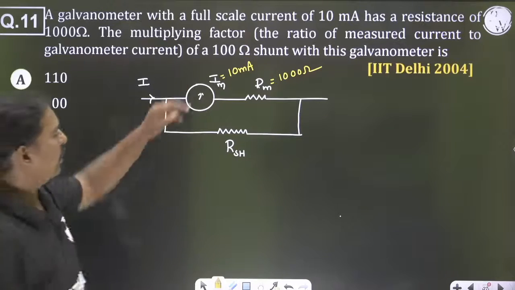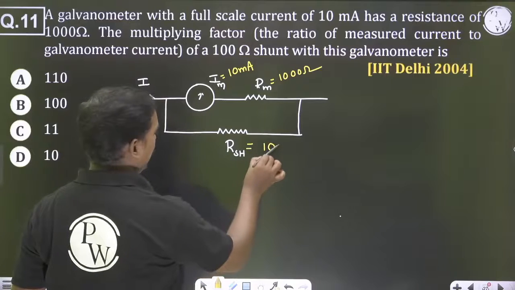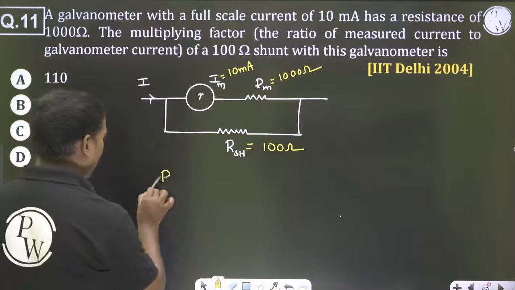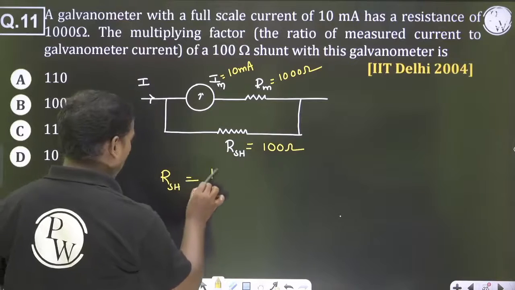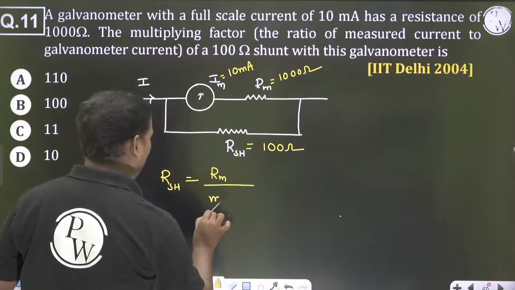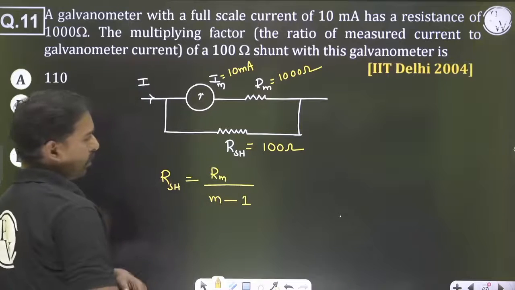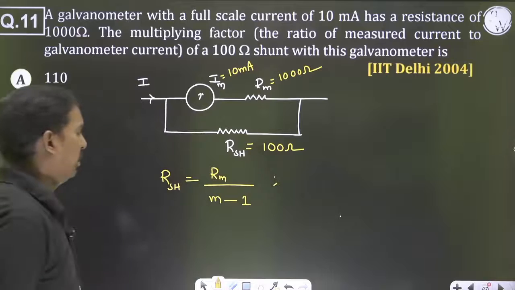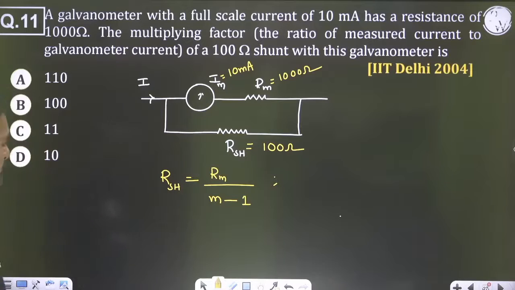When a shunt is given, so shunt is given. So in this situation, what can I write? Rsh is equal to Rm by M minus 1. Shunt is given, so we have to find out, a simple calculation.